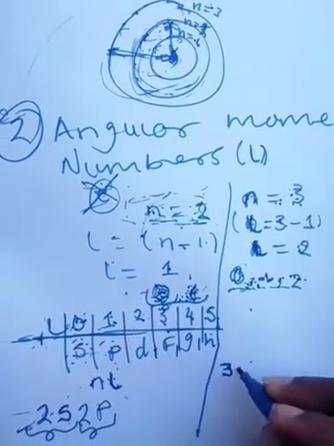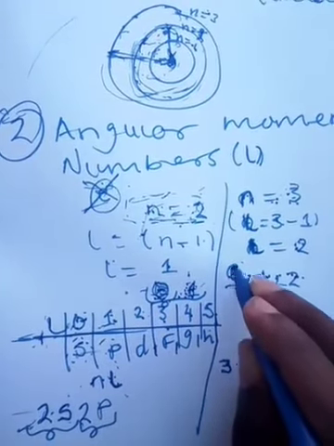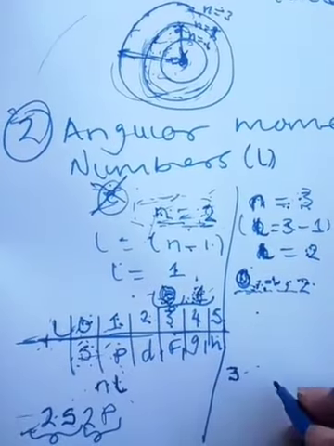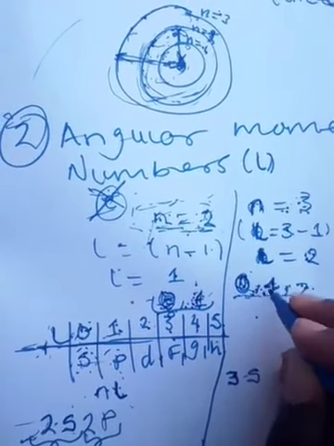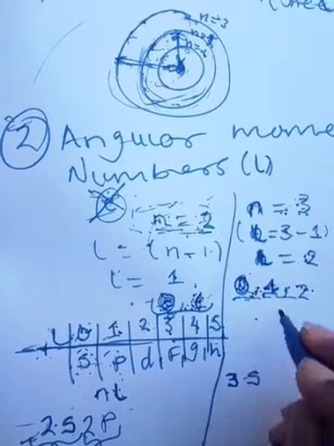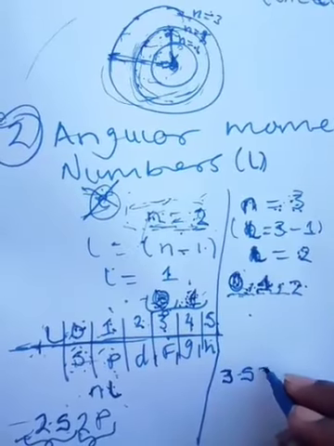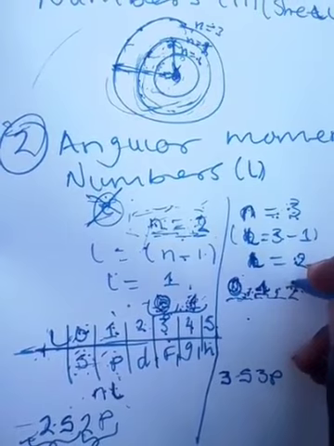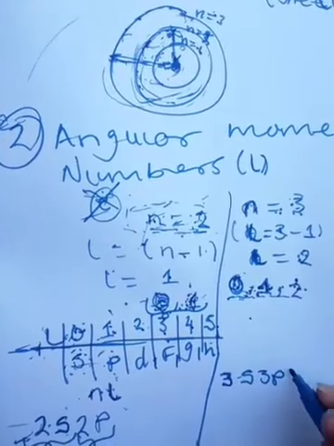Then I'm going to represent the 0 that is here. 0 is being represented by letter S, right? So I'll put 3S. Then I'm having 1 here. 1 is represented by letter P, right? So I'm going to say 3P. 2 is being represented by which letter? D, right? So I'm going to say 3D.